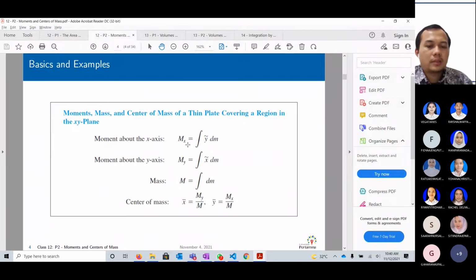Moment about the x-axis is the integral of y tilde dm, and moment about the y-axis, My, is the integral of x tilde dm, and the mass is the integral of dm. The center of mass x bar is My over m, and y bar is Mx over m.